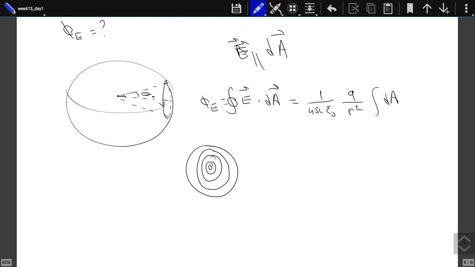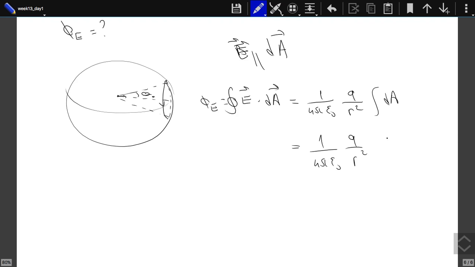Now, I will cheat a bit, in the sense that you are already getting bored, right? I don't want to spend so much time on these integrals. This is equal to 1 over 4 pi epsilon 0 q over r squared times r squared sine theta d theta times 2 pi from 0 to theta 0.